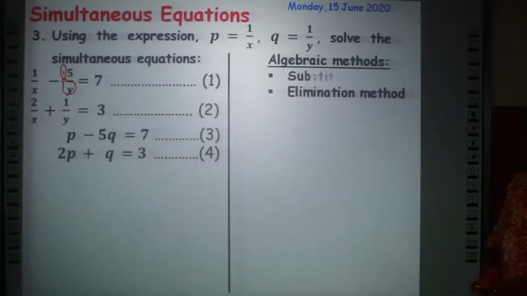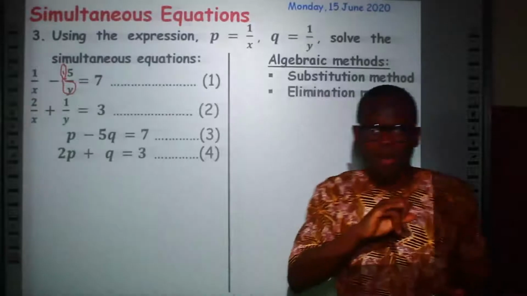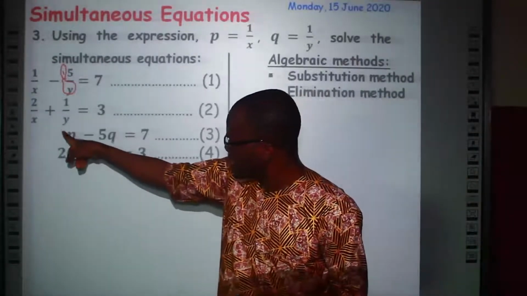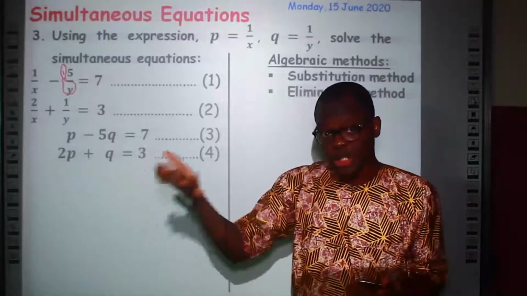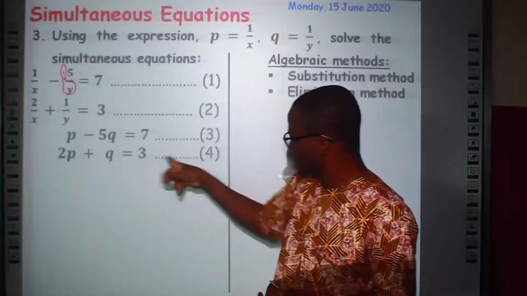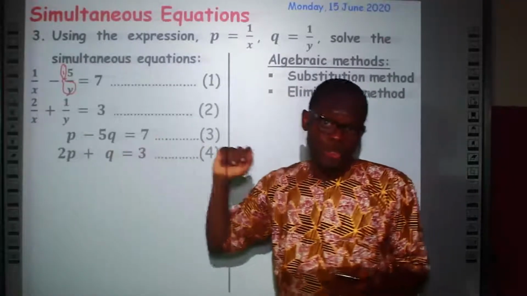So again, are we going to use substitution method or elimination method? Like I said, for you to use substitution method, you need to look for the variable with a coefficient of 1. P has got a coefficient of 1 there, which means yes, indeed, you can use substitution method. And when you look at equation 4, the Q there has also got a coefficient of 1, which means you can also use substitution method.